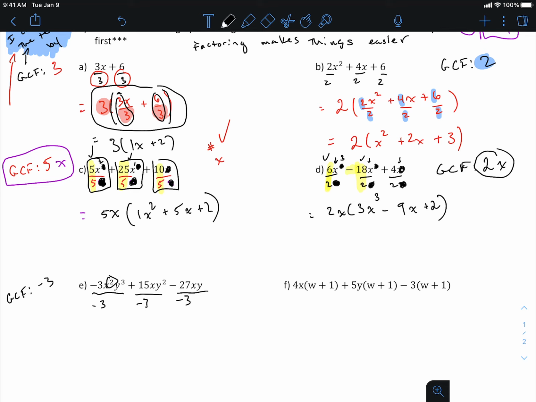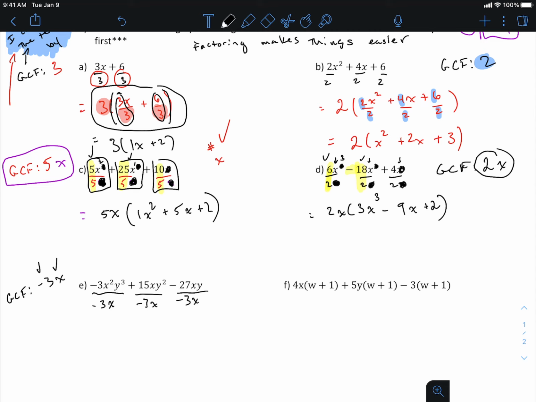It looks like there are 2 in the first one, but 1 in the other 2. So the biggest number of x's that I can take is just going to be 1. I can only take one x out of all 3 of those, which means I can divide each of them by an x. Now you've dealt with the number and the x variable, but you still have a y variable in there.